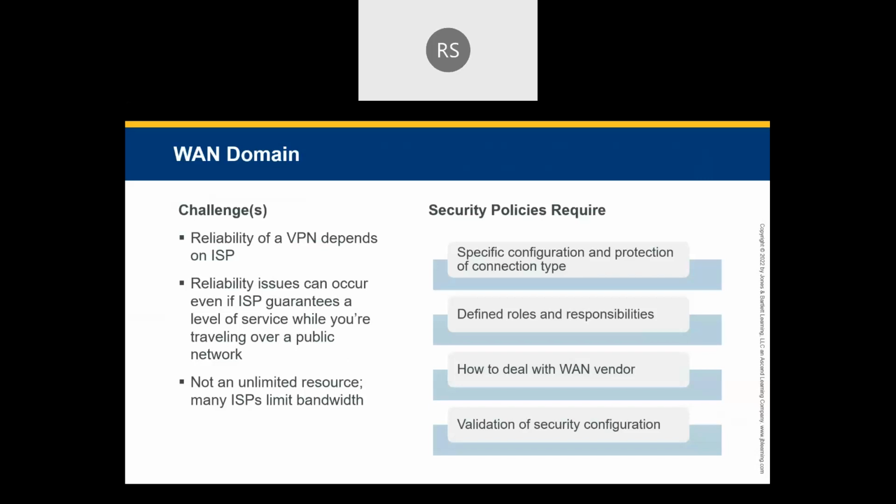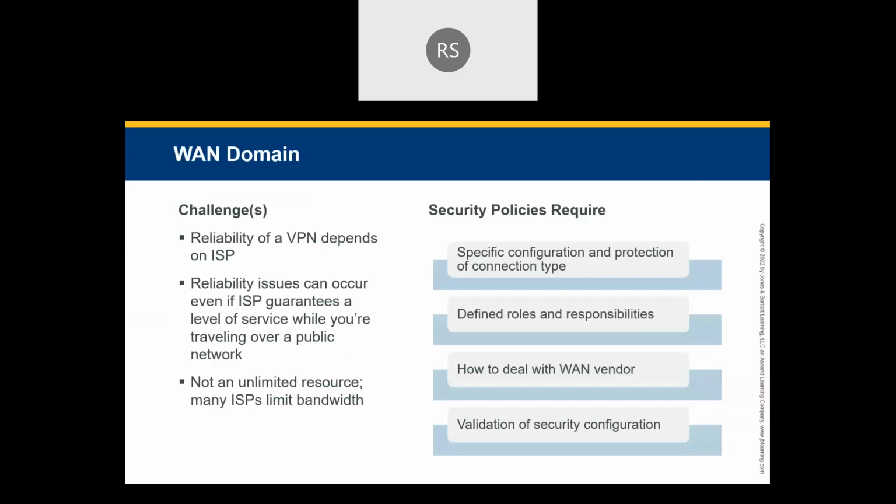You also want to clearly define roles and responsibilities within the organization regarding the management and oversight of the WAN connections. This ensures that there are designated individuals or teams responsible for monitoring the WAN, managing relationships with the ISP, and addressing any reliability or performance issues.